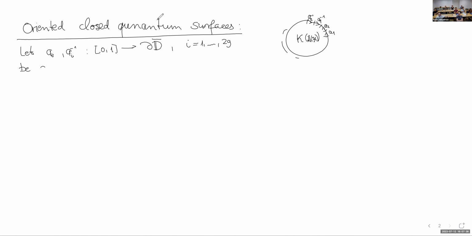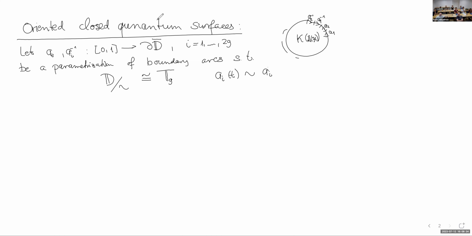The parameterization of boundary arcs is such that if you take the quotient of the classical disk by identifying arcs, this should give a space homeomorphic to the oriented surface of genus g, where a_i(t) is equivalent to a_i inverse(t) for all i and for all t in the interval. So it's only one point.